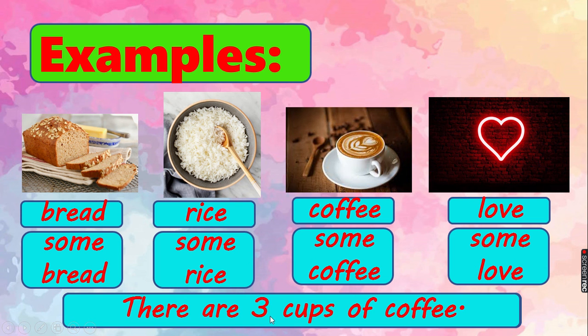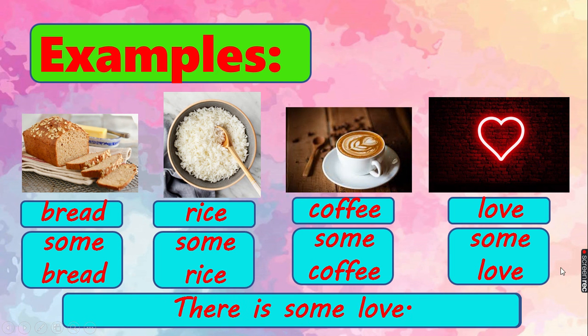I had 3 cups of coffee. How many cups of coffee are there? There are 3 cups of coffee. We didn't say, there are 3 coffees. No. We count the cups. Or simply say, there is some coffee.